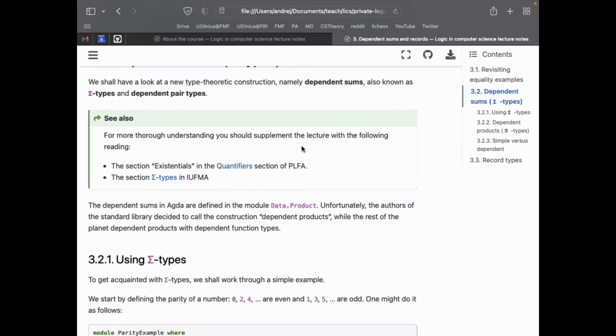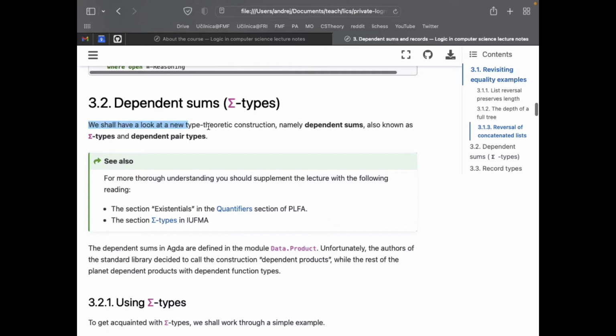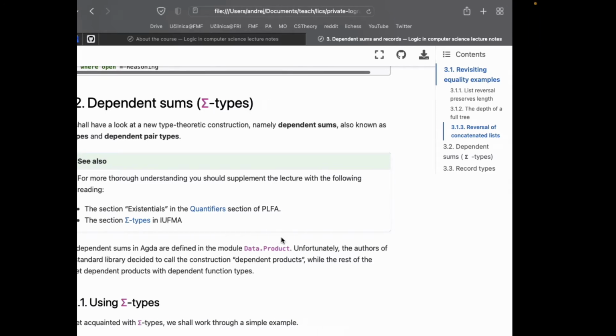It's pointless for me to write down here like 3 pages about sigma types. They're also called existentials, by the way. Phil Wadler's book, Programming Language Foundations in Agda, has a whole section on quantifiers, which I think is very useful to read. It will also give you a preview of what's to come, because he also explains the logical meaning of these things. And then there's also a section on sigma types in Martin Escardo's notes, so I recommend reading about these things.